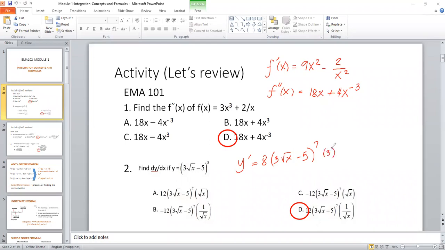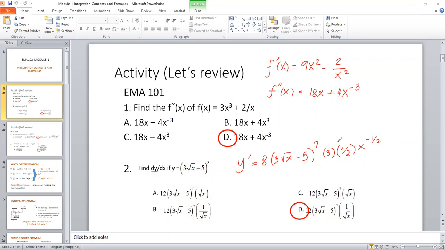That would be the 3 times, you use power rule for x raised to 1/2, because your square root of x is x raised to 1/2. So that would be 1/2 x raised to negative 1/2. Why do we have x raised to negative 1/2? Because if you use power rule for x raised to 1/2, you subtract 1 from its exponent, and 1/2 minus 1 is negative 1/2.